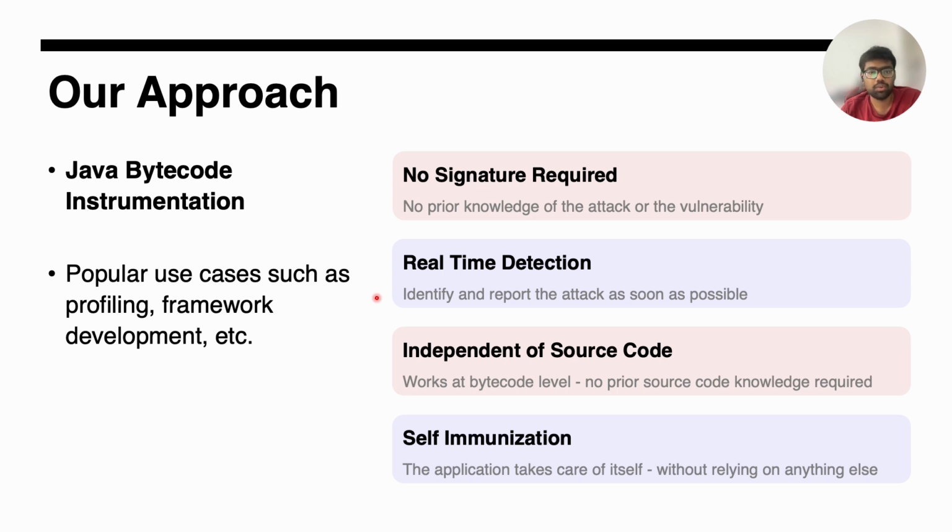Second, we detect the attack as soon as it happens, in real time. Third, we are independent of the source code. We do not need any access to the source code. We don't patch the source code. It just works at the bytecode level. And fourth, it is the application that immunizes itself. Once you have instrumented the application, it takes care of itself without relying on any third-party libraries or any external tools.